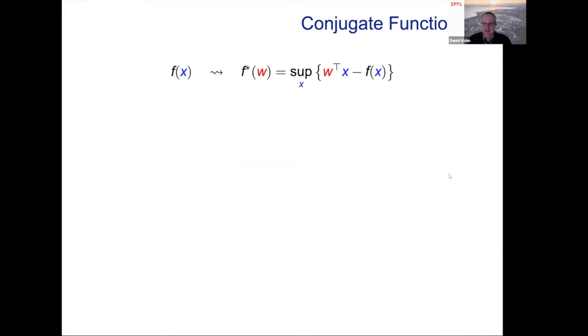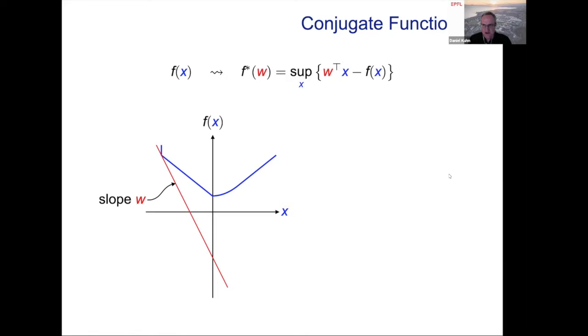First, convexity is preserved under conjugacy, and the conjugate of a convex function f is another convex function f star. To evaluate f star at the point w, we need to solve the maximization problem that is shown here. Here's an example of a convex function. To construct its conjugate, for a fixed w, we first construct the tangent of the function f with slope w.